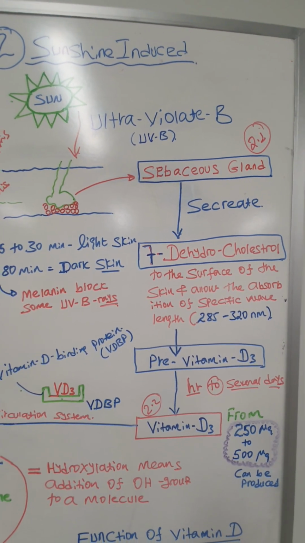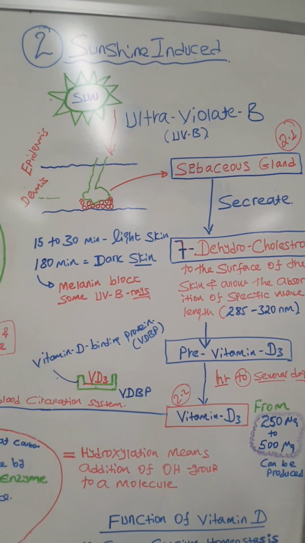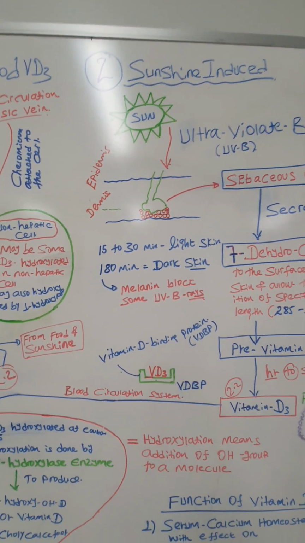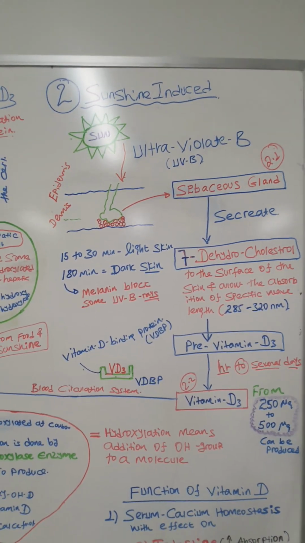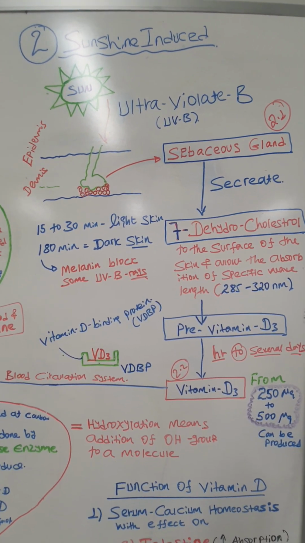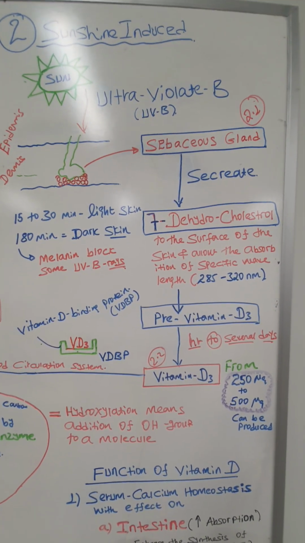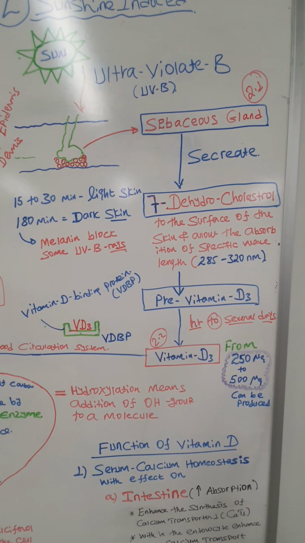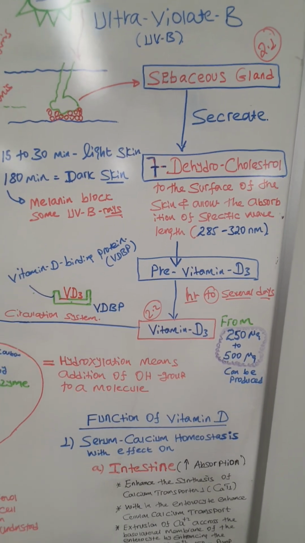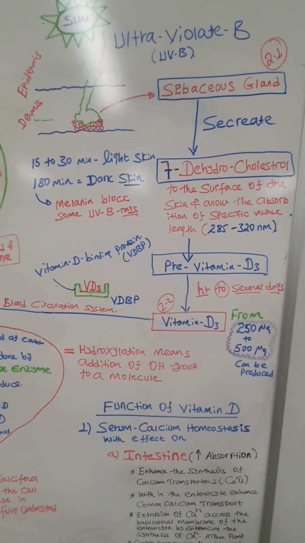This is very important, and it will diffuse into the epidermis outside of the skin. And when this 7-dehydrocholesterol and ultraviolet ray B interact with each other at specific wavelengths of 285 up to 320 nanometers, they will produce pre-vitamin D3 on the skin.